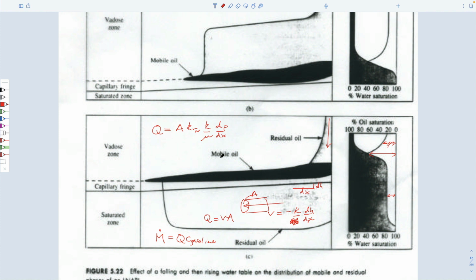You could calculate what the pressure gradient is from the head. P is just equal to gamma water H, right? So you know that. So that's it. So easy back of the envelope calculations that you could do based on what we've talked about today.